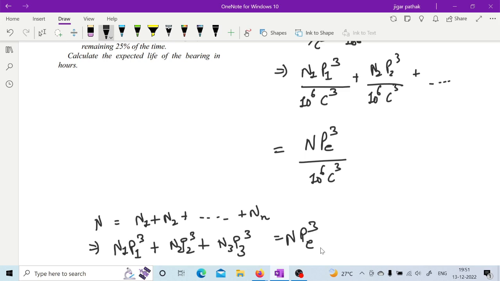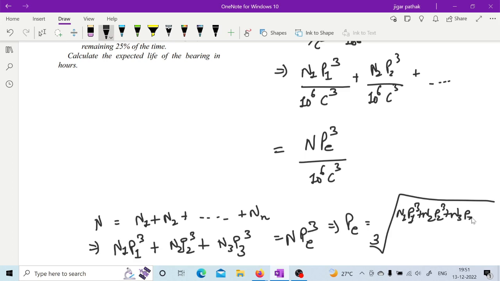From this we will be able to calculate Pe, the equivalent load, which is (N1 P1 cubed plus N2 P2 cubed plus N3 P3 cubed) divided by (N1 plus N2 plus N3), because as we know N is nothing but the sum of all these RPMs.